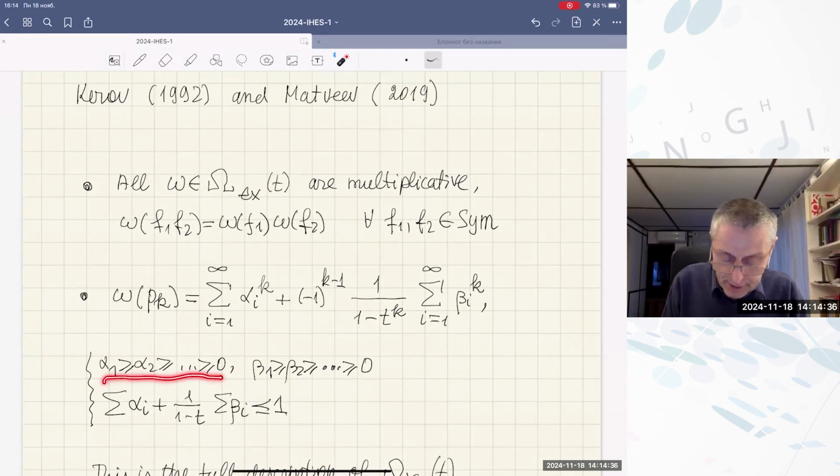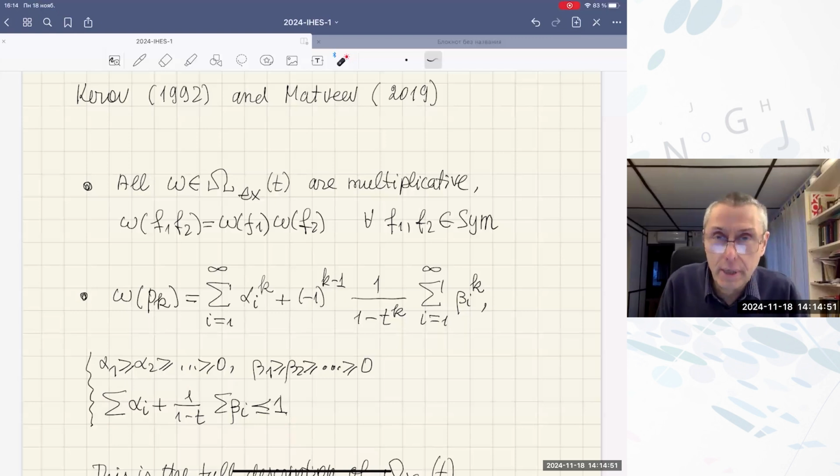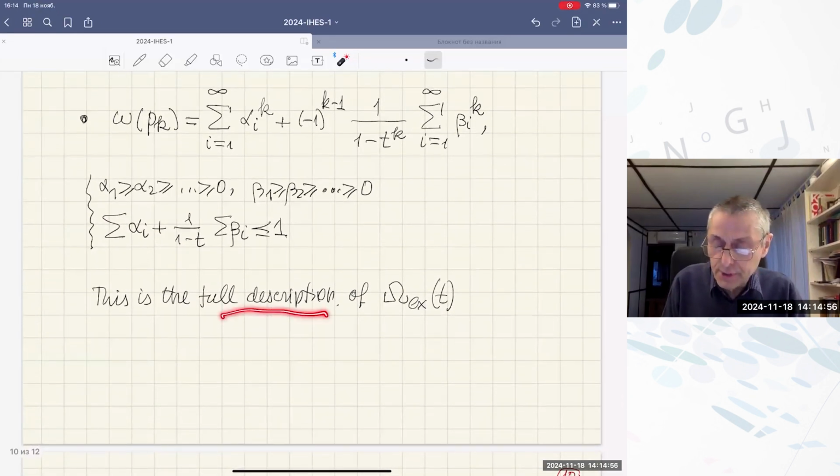Here, the alphas are weakly decreasing non-negative real numbers, betas are similar, and we have this extra inequality. So infinitely many continuous parameters. And this is the full description of this set.